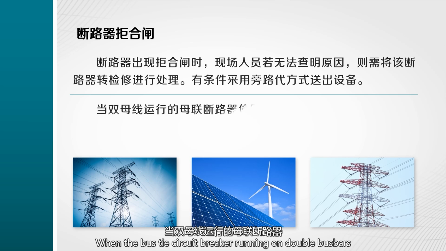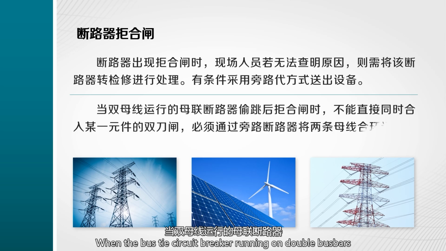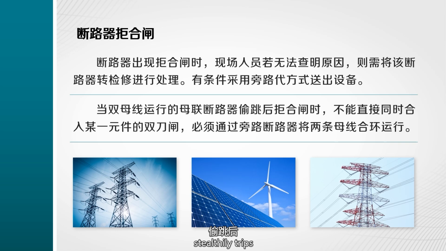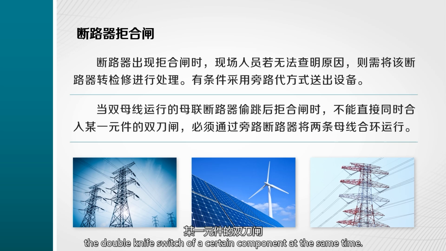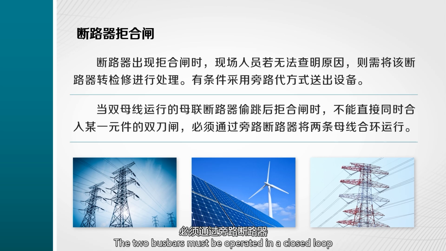When the bus tie circuit breaker running on double bus bars trips stealthily and refuses to close, it is not possible to directly close the double knife switch of a certain component at the same time. The two bus bars must be operated in a closed loop through a bypass circuit breaker.